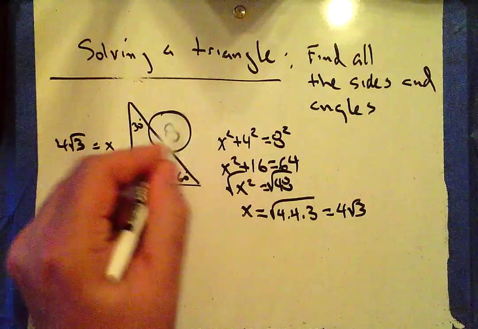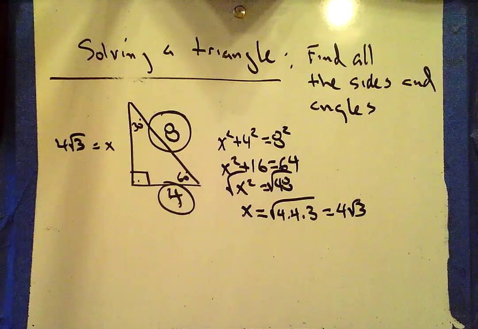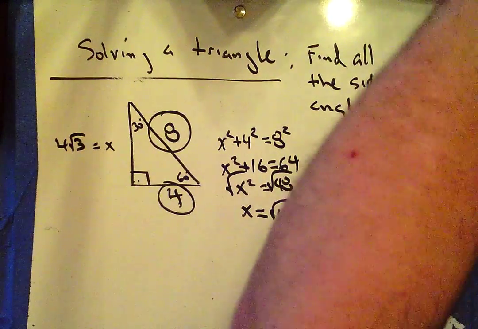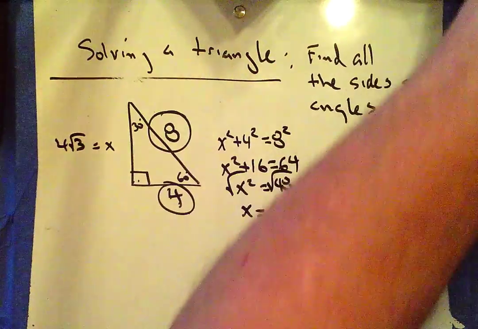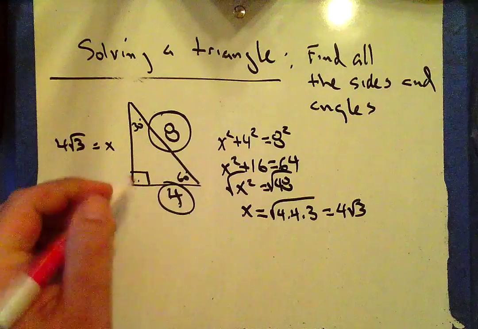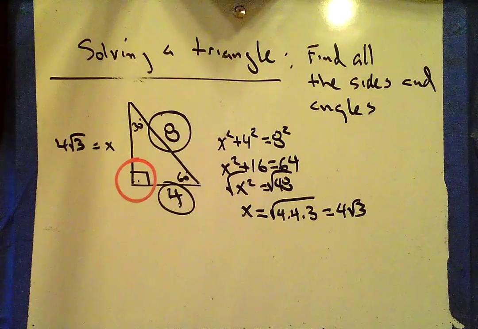So it seems like we only needed two pieces of information to do this. But in reality, we were actually using a third piece of information here, and that was the fact that we had a right triangle.